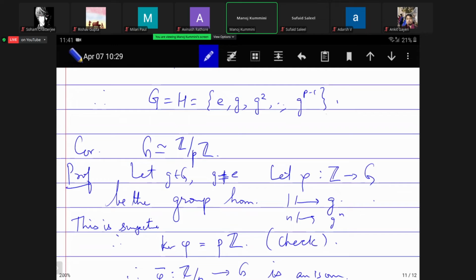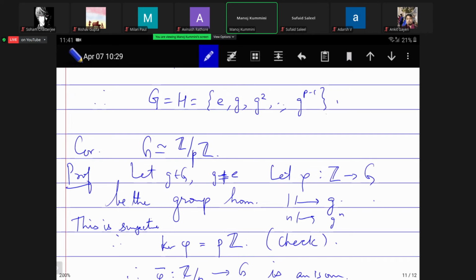If G is a cyclic group of order n, consider the surjective map from Z to G. There exists a g such that every element is of the form g square, g cube, g minus 1, g minus 2, g minus 3, and so on, and the identity element. And that exponent tells you what the group homomorphism should be.